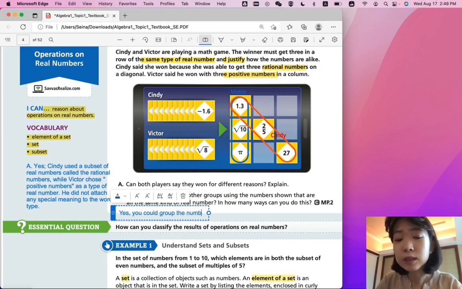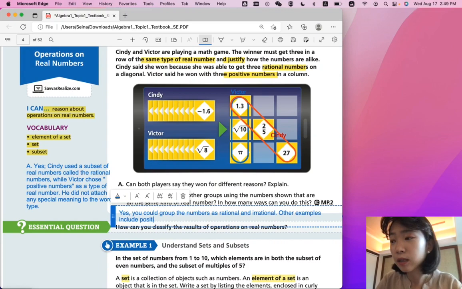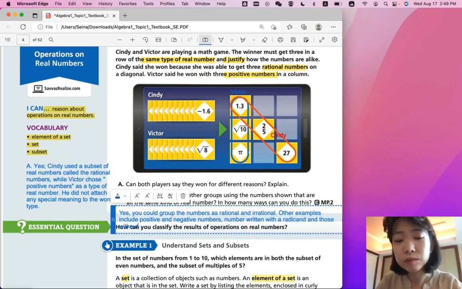group the numbers as rational and irrational. Other examples include positive and negative numbers, numbers written with a radicand, and those without.